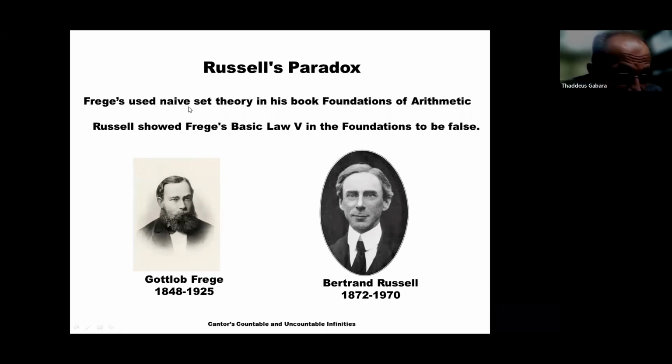And this is the same theory that Cantor used initially, and everything was good. It was good until Bertrand Russell showed up. Bertrand Russell managed to get a copy of Frege's book, and Russell showed him that the basic law, number 5, in the foundations was false.